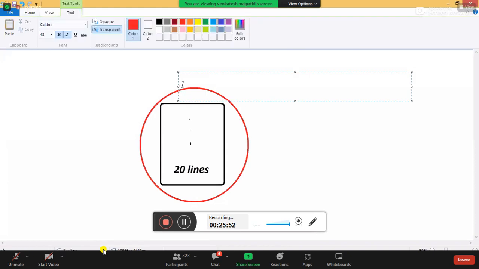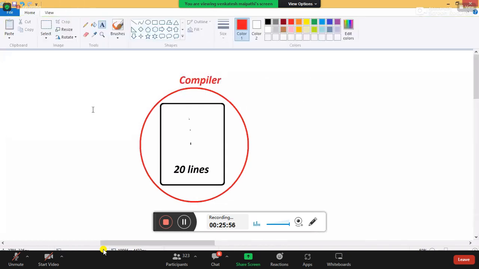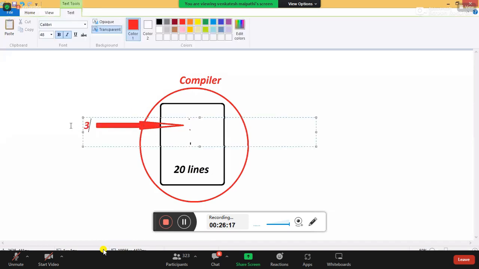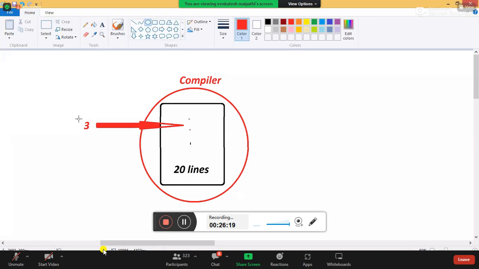Now the compiler took this program and is checking the lines. Line number 1, line number 2. In line number 3 one error is available.